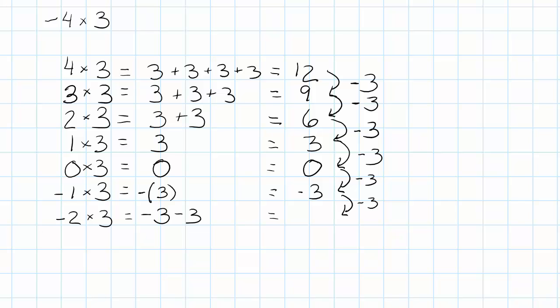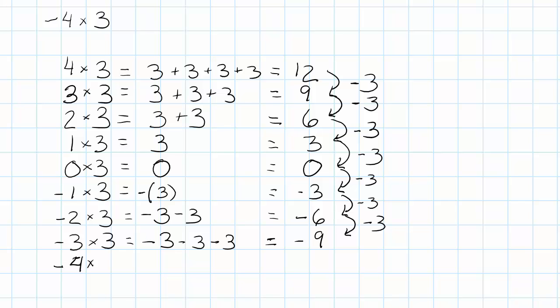Think of that minus 3 as adding in a negative 3. We get negative 6. Negative 3 times 3, negative 3, minus 3, minus 3, we'll get negative 9. Right, subtracting 3 again, or adding negative 3.